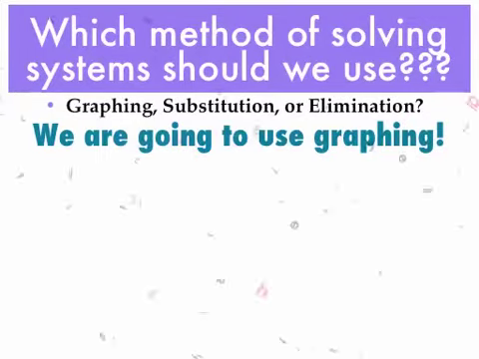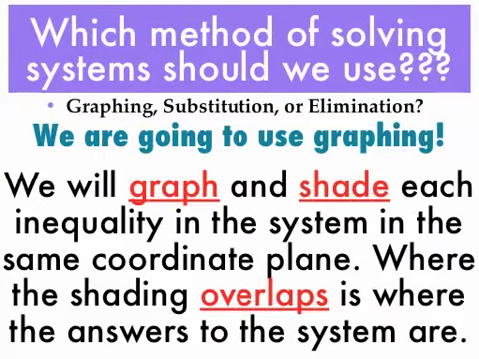What we're going to do is graph and shade each inequality in the system in the same coordinate plane. Where this shading overlaps is where the answers are to the system. So we're going to graph and shade one linear inequality. Then we're going to graph and shade the other linear inequality in the same coordinate plane.